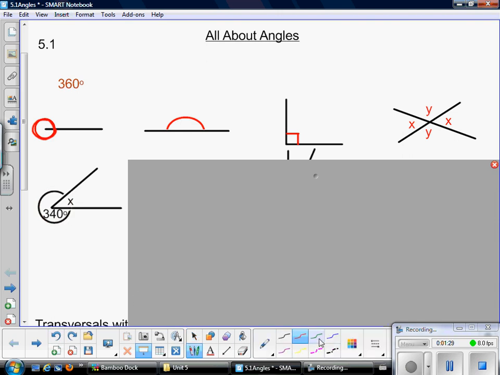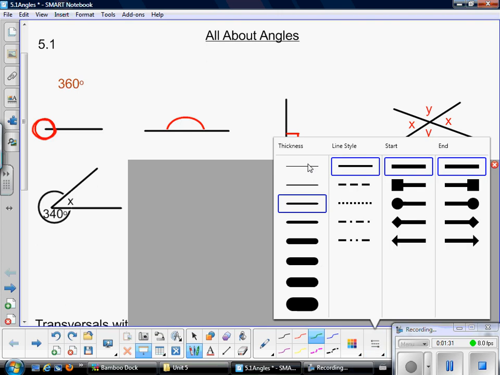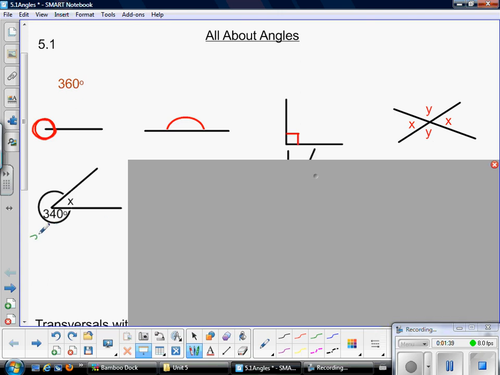Well, it's actually quite easy to do, right? Because it's just 360 take away the 340. So in this case, it would just be x equals 360 take away 340 for a grand total of 20 degrees.